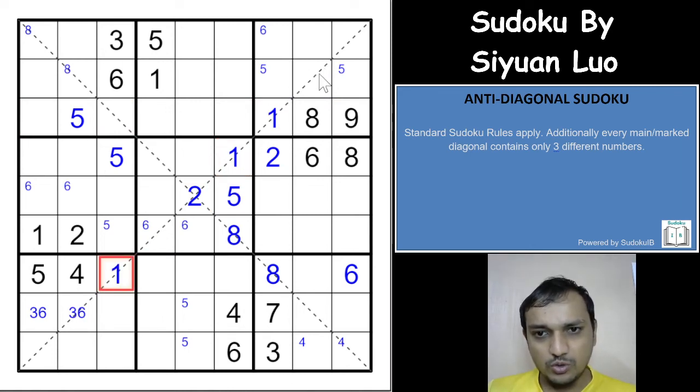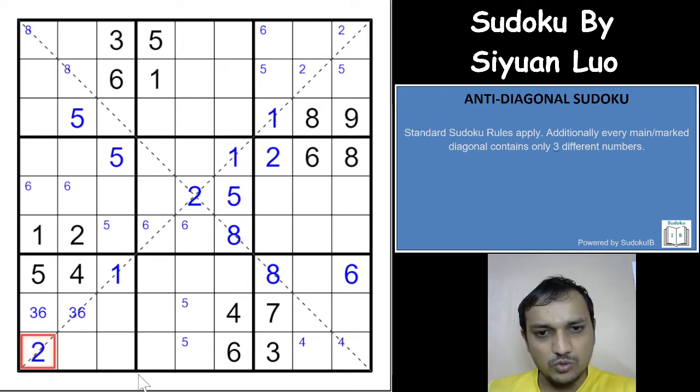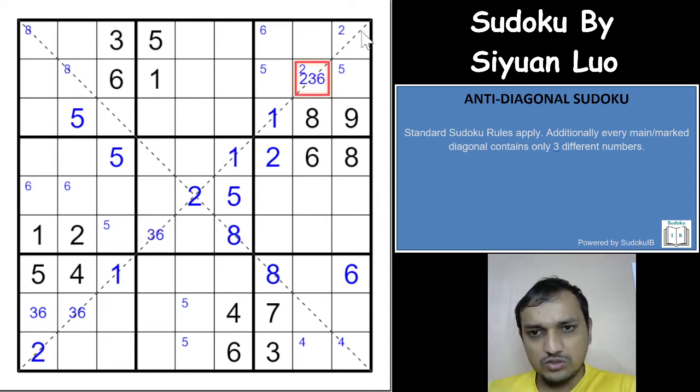You need a 2 in one of these two cells, so these two cells are 2. Okay, you need a 2 in this diagonal, so this cell is a 2 now. This can either be 3 or a 6, because this is 3 or a 6. 2, 3, 6. 6 will not be here. 2 and 6.